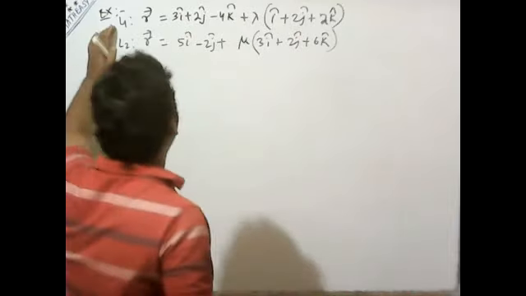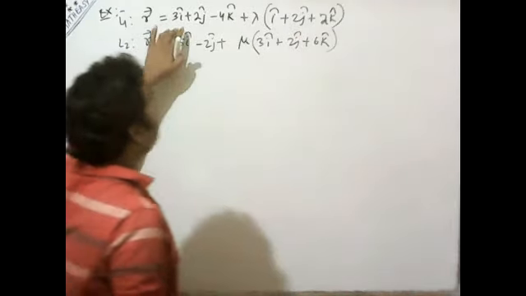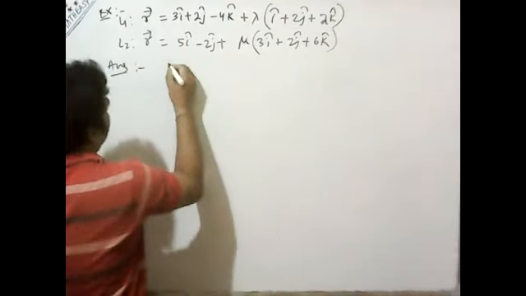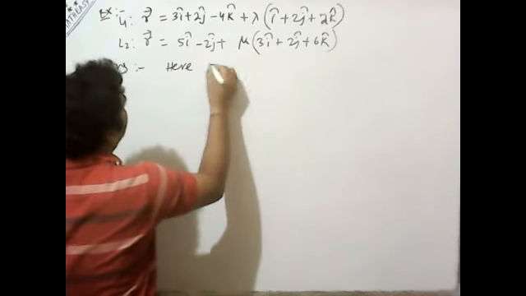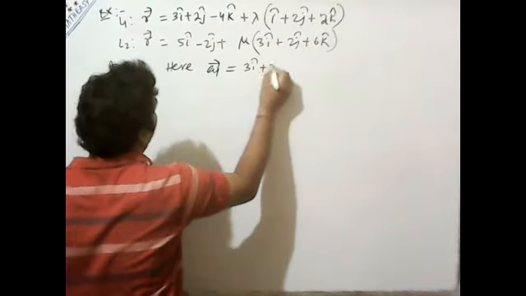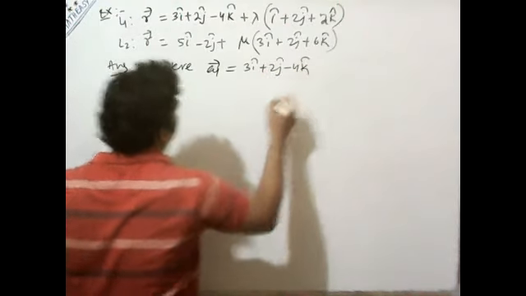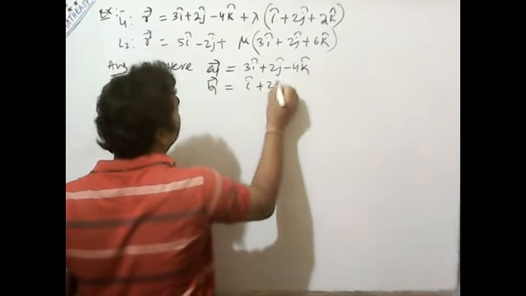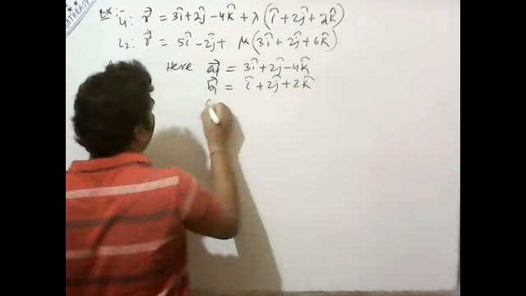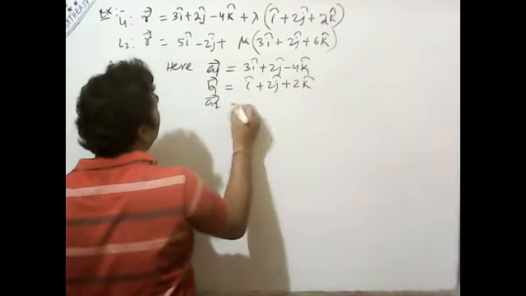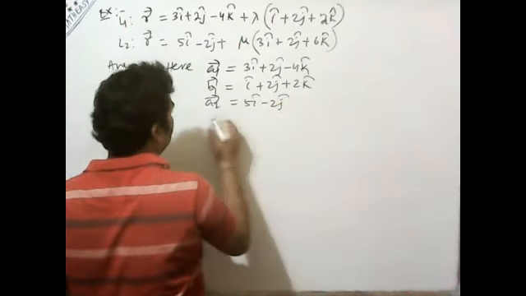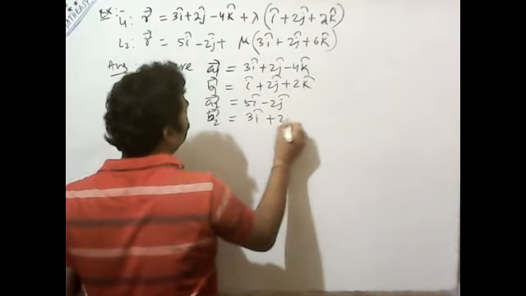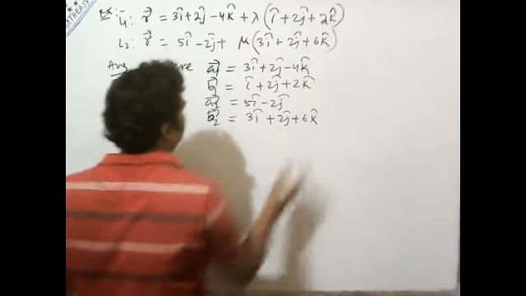Suppose this is a question: L1 is a line and L2 is a line, given in vector format. Here A1 vector is equal to 3i plus 2j minus 4k, and B1 vector is equal to i plus 2j plus 2k. A2 vector is equal to 5i minus 2j, and B2 vector is equal to i plus 2j plus 6k.